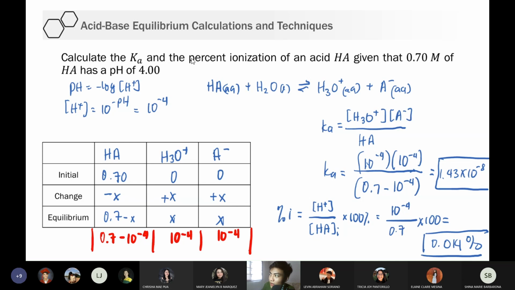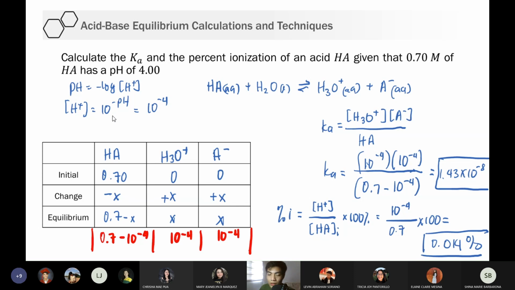Kunwari, calculate the Ka if the concentration of acid is this, and the ionization is, let's say, 5%. So meaning nun, 5% ng original amount mo, yun ang equilibrium concentration ng acid mo. Okay? So ganun lang.